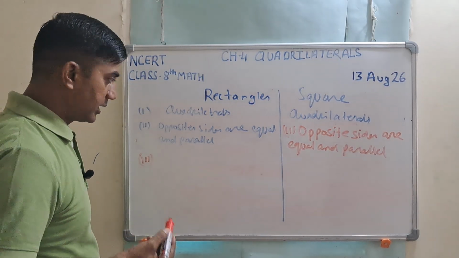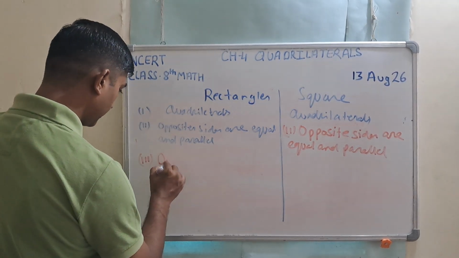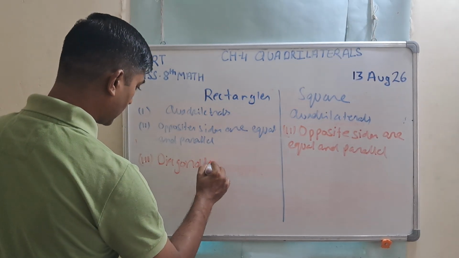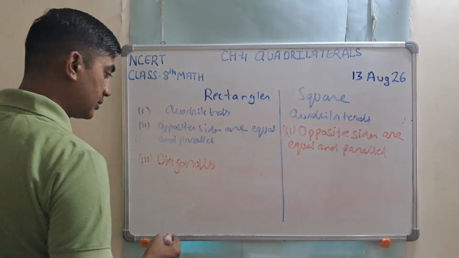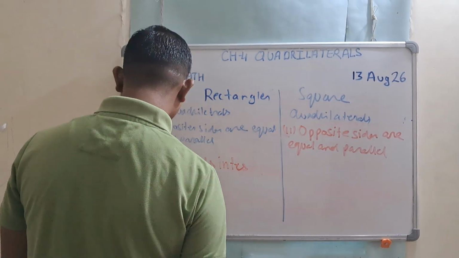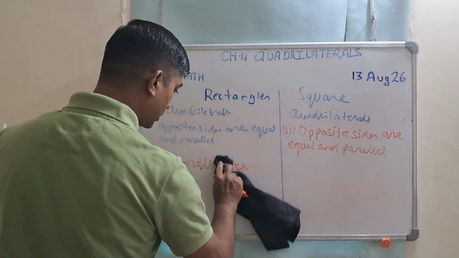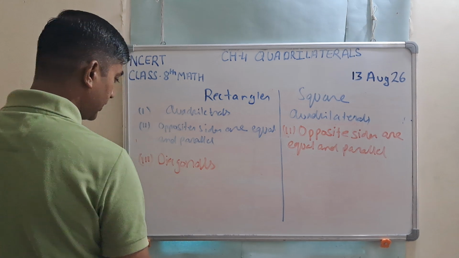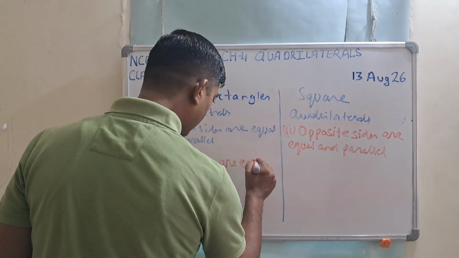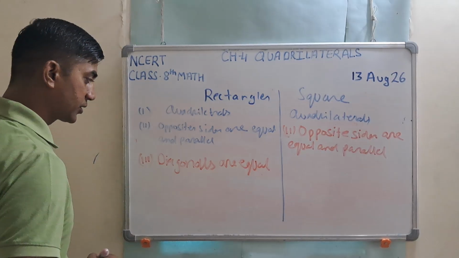Third point is about diagonals. Diagonals are equal. Understood?